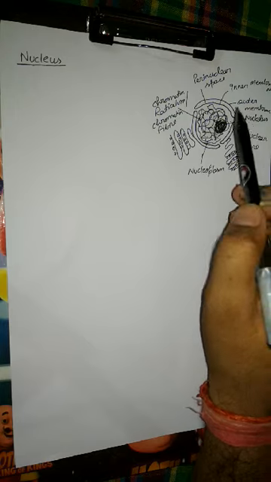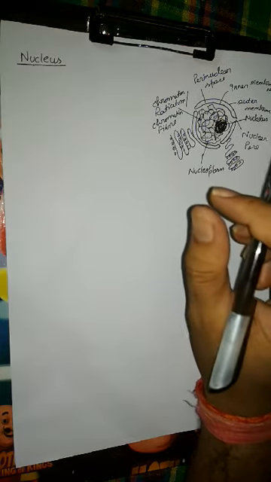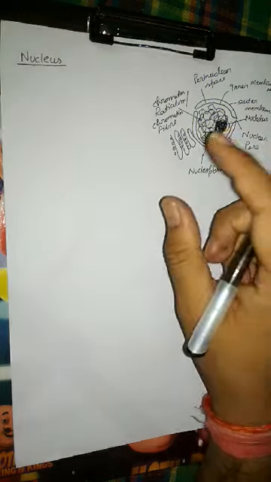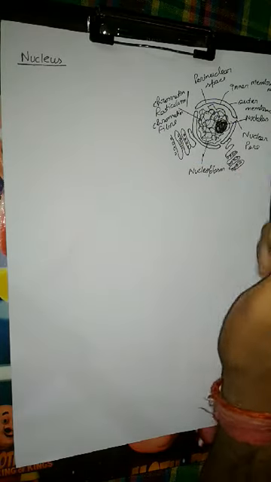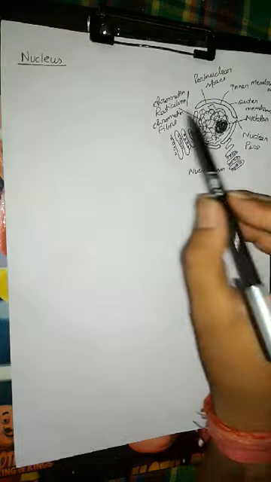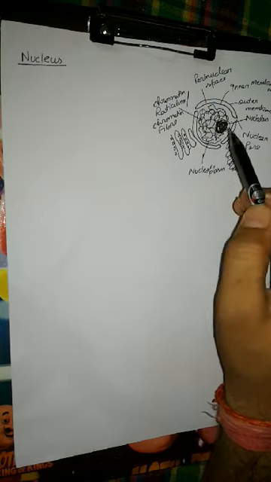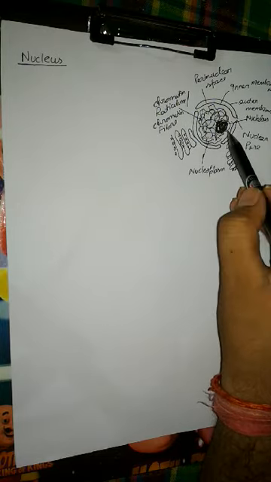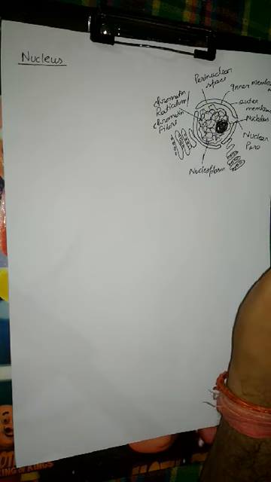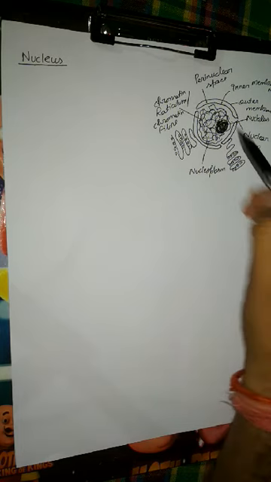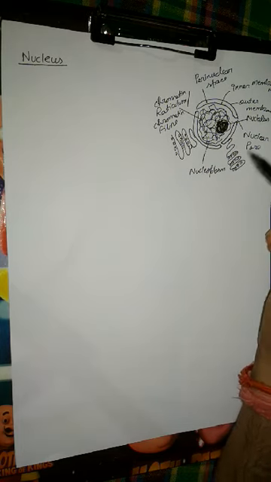This nucleolus is involved in ribosomal RNA formation, rRNA formation. That rRNA has a role in protein synthesis because it plays a catalytic role during protein synthesis. About that you will study in class 12. But here you should know that rRNA plays an important role in protein synthesis. Clear? So this is all about the nucleus.